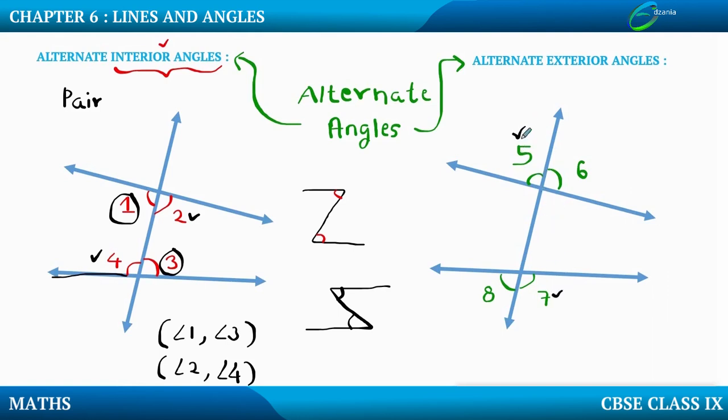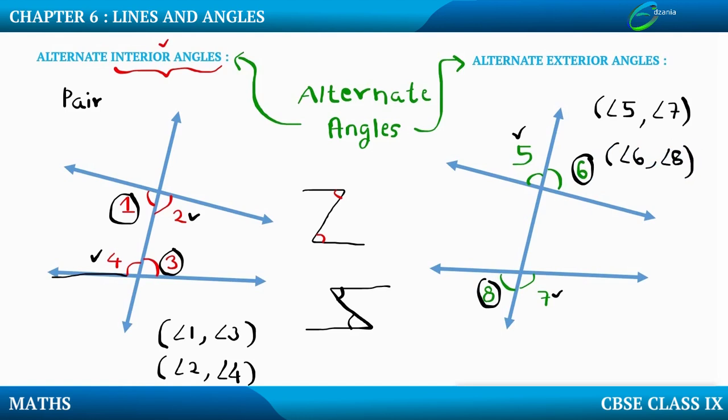Angle 5 and angle 7 form alternate exterior angles. The second pair will be angle 6 along with angle 8. So 6 and 8 is the second pair of alternate exterior angles.